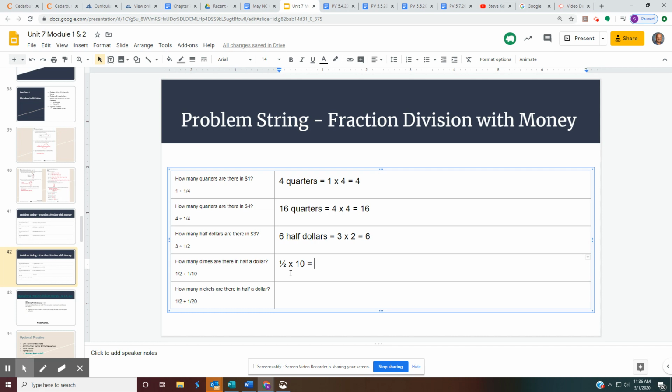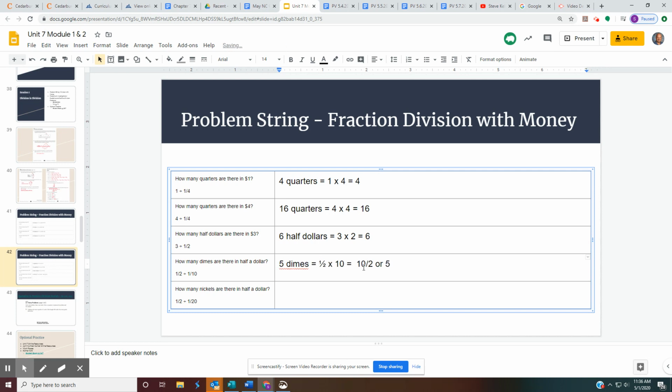So you all have your answer. Now let's look. We've done the reciprocal, right? We've turned our 10 upside down, where we put the 10 on top, we put the 1 on the bottom, and got 10. So this would equal 10 halves, or you have an answer? 5, right? So would that make sense? 5 dimes in a half dollar.